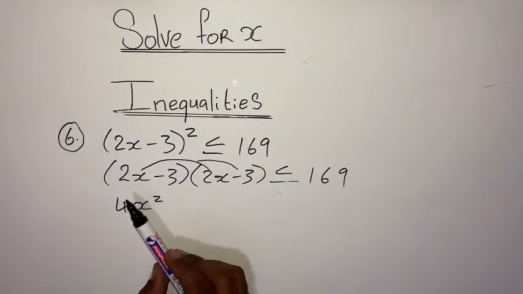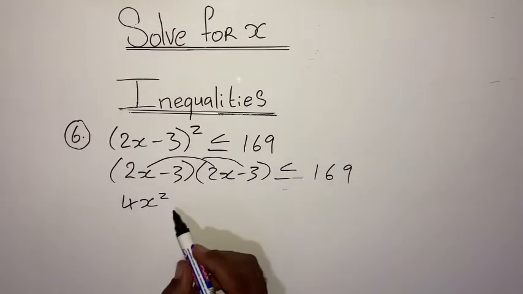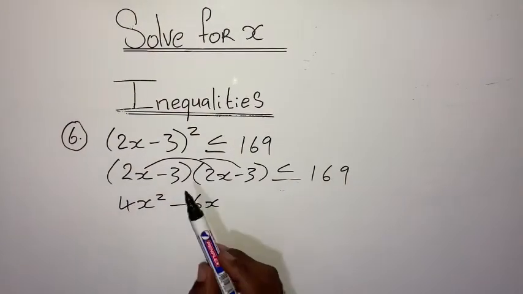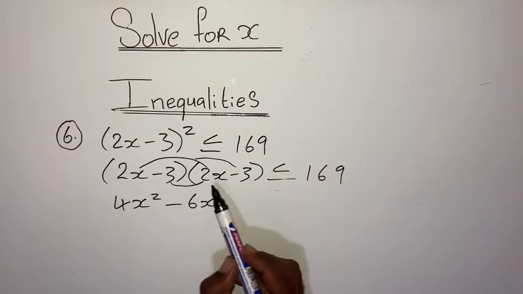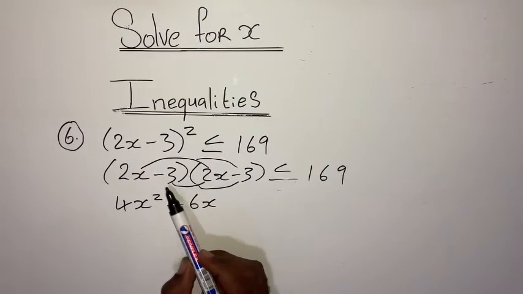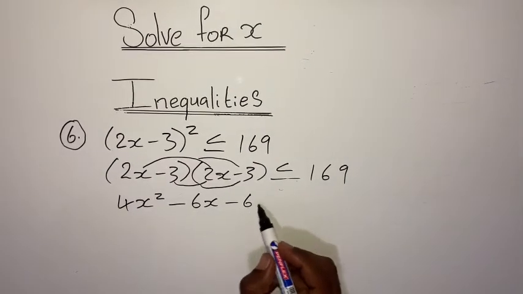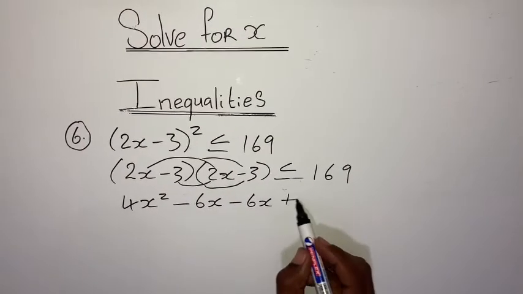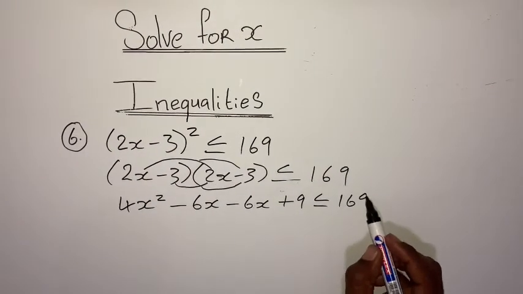Then 2x times -3, we get -6x. Then we do the same with the -3, which will be -3 times 2x, which gives -6x. Then you multiply -3 times -3, you get +9, being less or equal to 169.